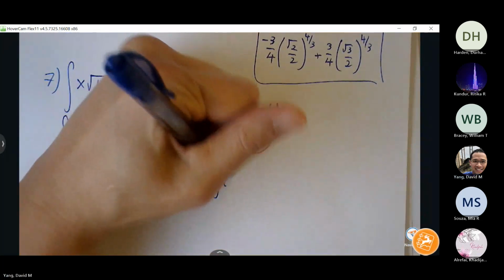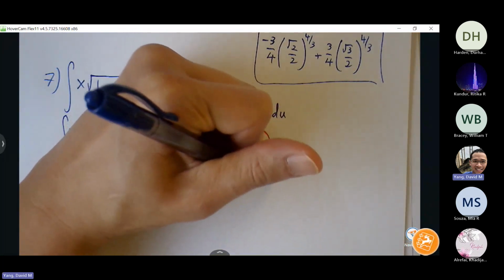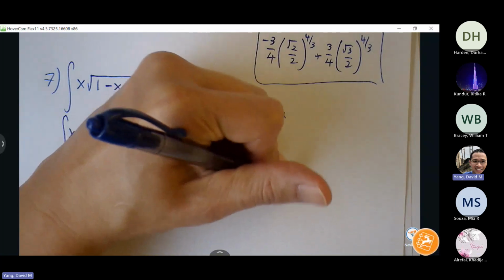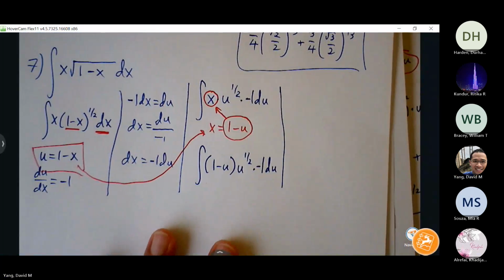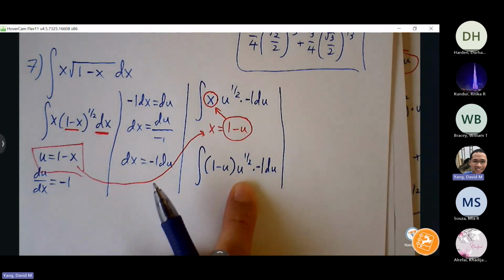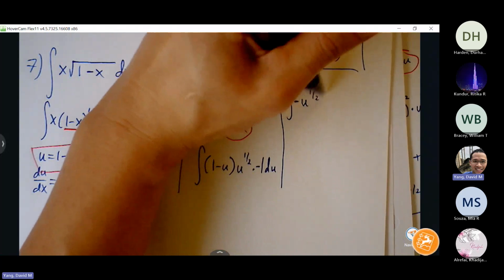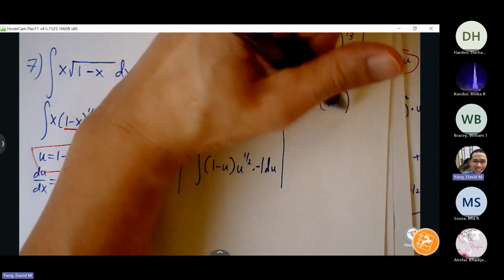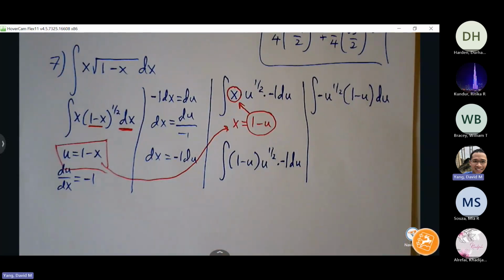Integral of 1 minus u to the 1/2 times -1 du. I'm going to rearrange this so I can just distribute all at once. I'm going to make it -u to the 1/2 times 1 minus u. So we're not quite there yet, but at least we have a path towards power rule, if we can distribute this through and rely on power rule from here.